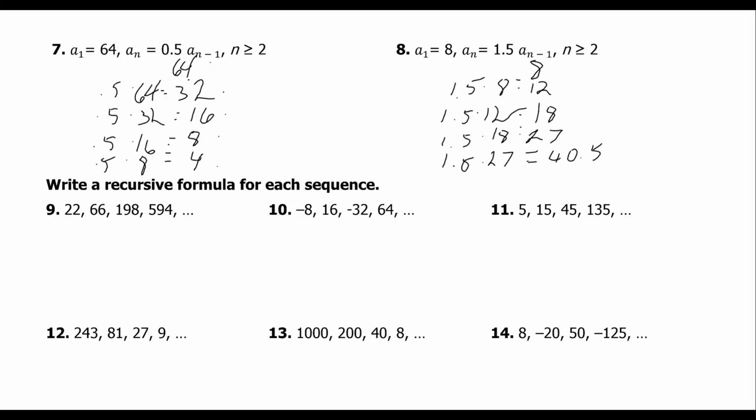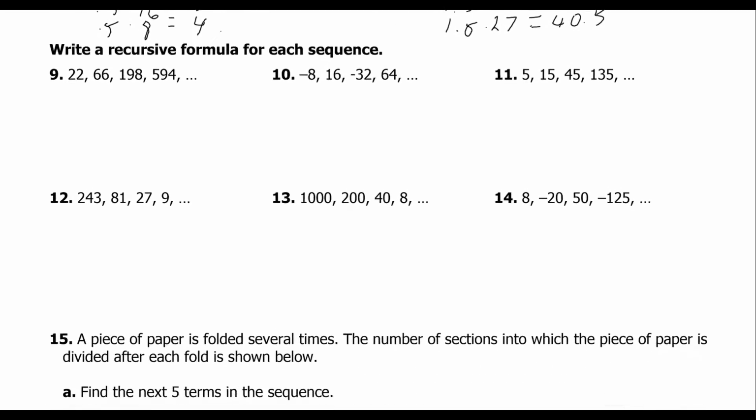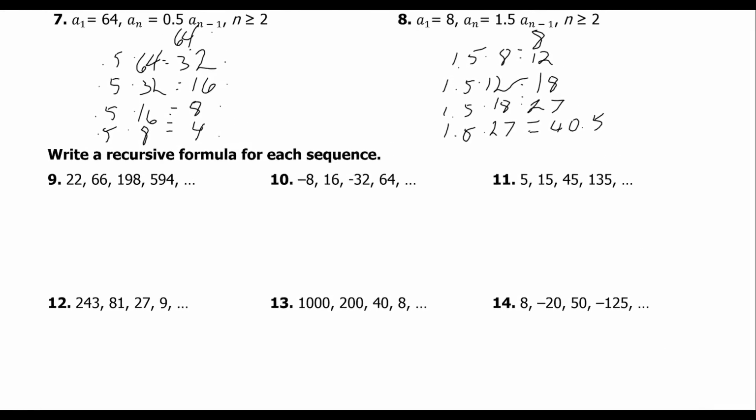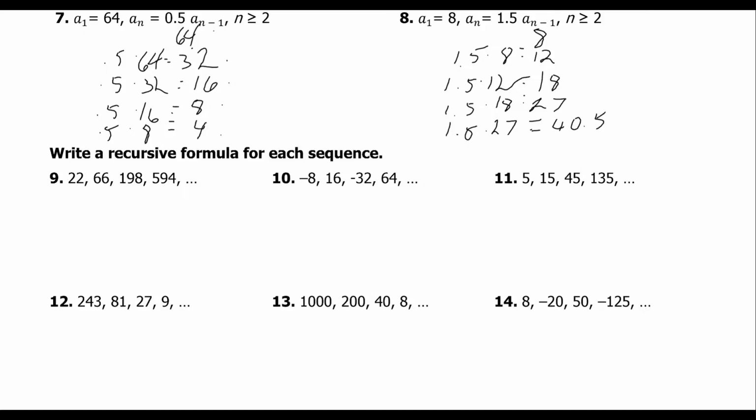Now, next problem. It says to write a recursive formula for each of those sequences. I don't know if y'all have noticed, but so far all that we've actually needed to find is the common ratio. And the common ratio is really easy to find. You take the second number and divide it by the first number.